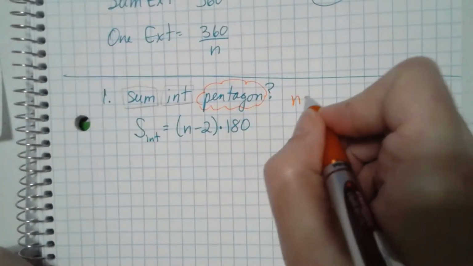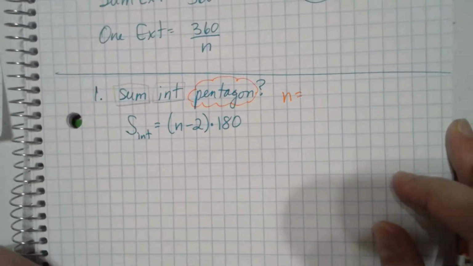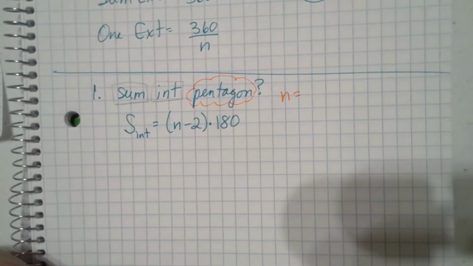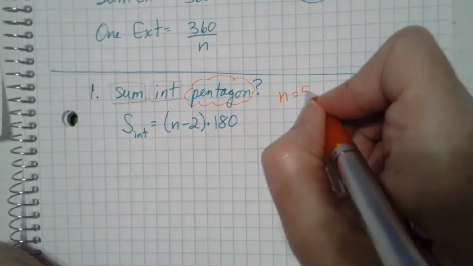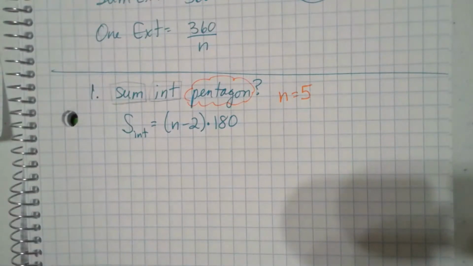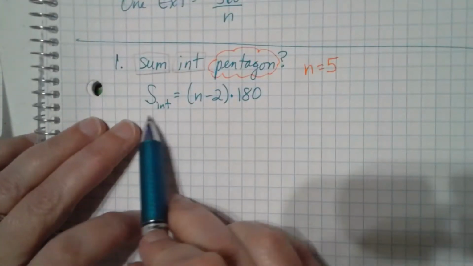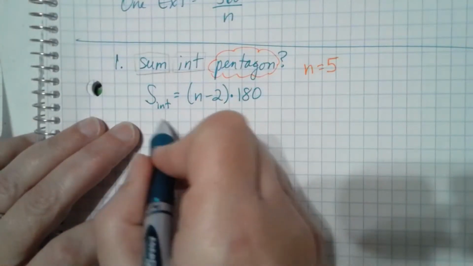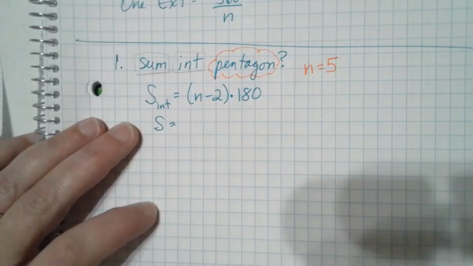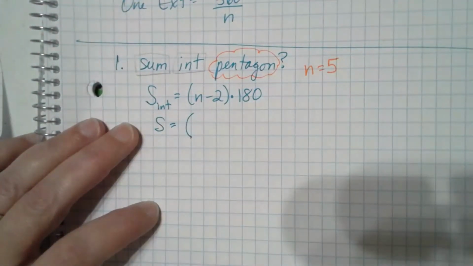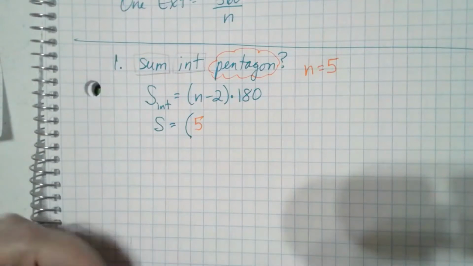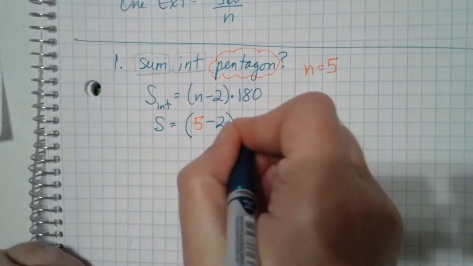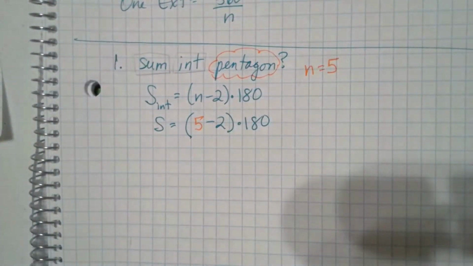So for a pentagon, how many sides will that have? I didn't hear your answer. Say it again. 5. Thank you. Penta is 5. So here we're going to rewrite this formula, and we're going to change the n to a 5. So we're going to have 5 minus 2 times 180.